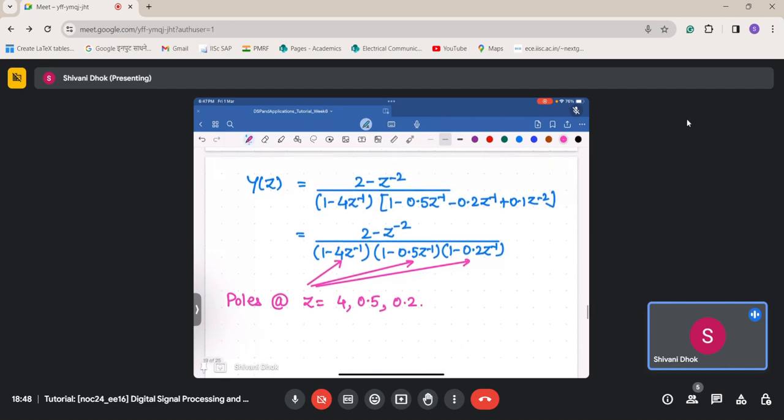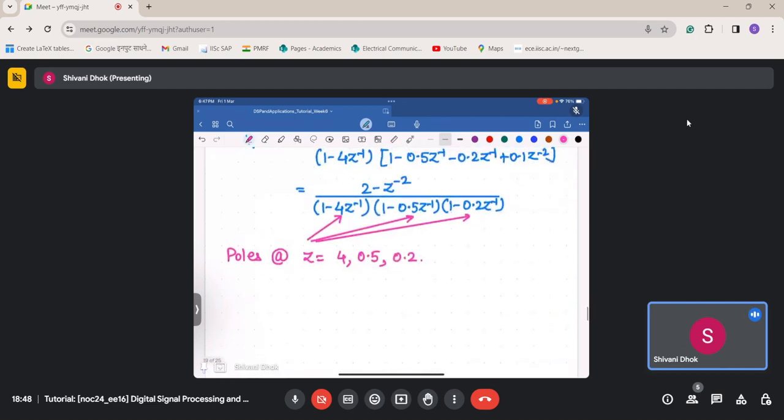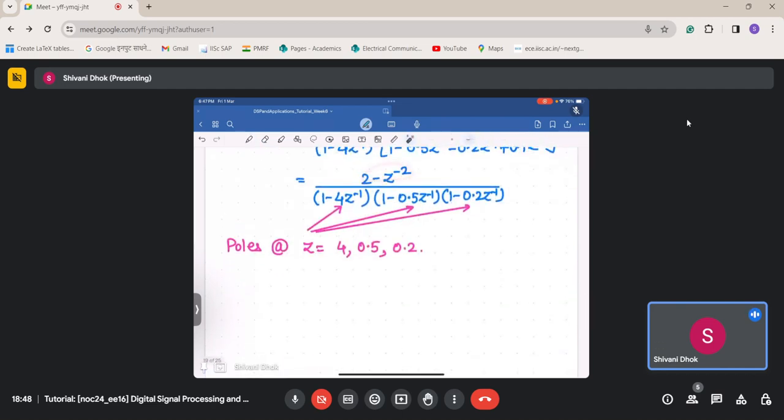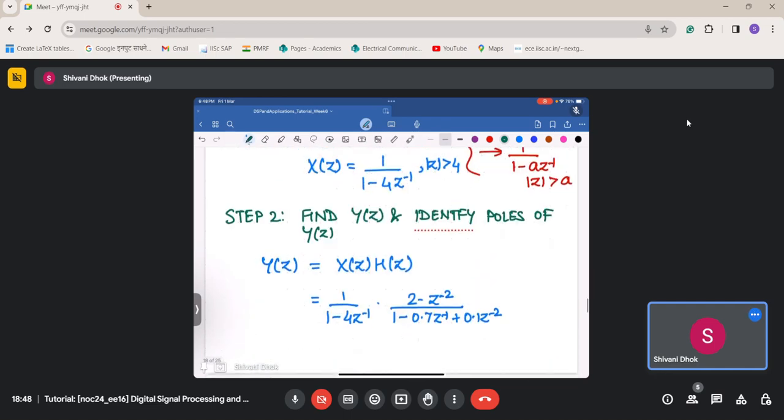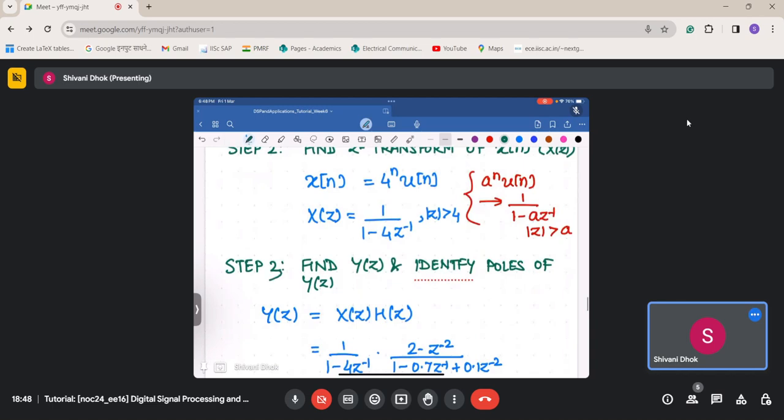So now we know the pole locations, and also one more thing that you can see is there is no pole zero cancellation, so we are safe here. So this was step 3.